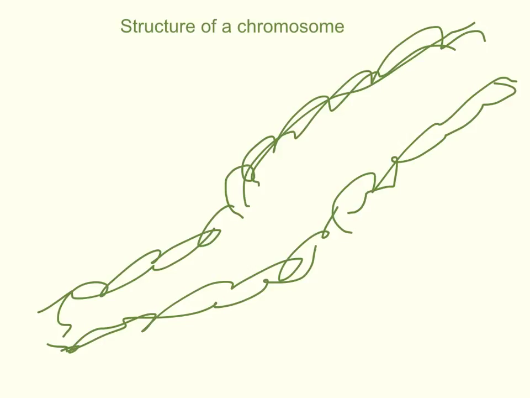But during mitosis and meiosis, chromosomes condense during prophase so that we can easily move around chromosomes without the chromosomes ending up in the wrong place. So they don't look like this during mitosis and meiosis.